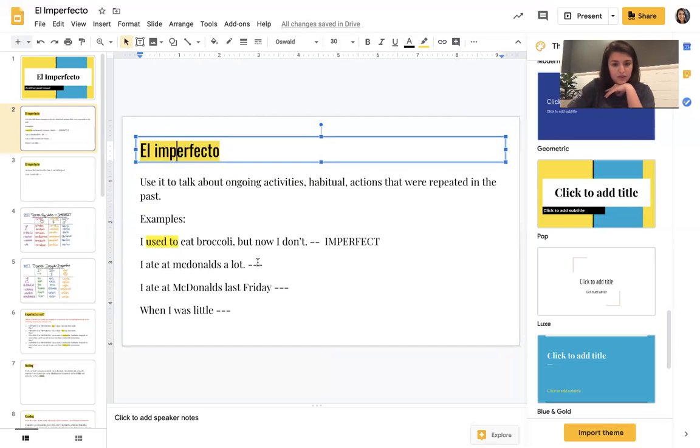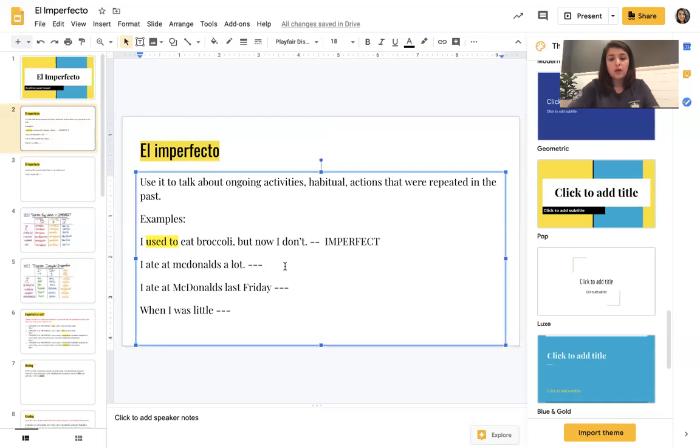I ate at McDonald's a lot. So that would be imperfect because I said that I ate at McDonald's a lot. I didn't tell you about the one time that I ate at McDonald's or the 3 times that I ate at McDonald's. I just said I ate at McDonald's a lot. It was a habit. It was a repeated action in the past.